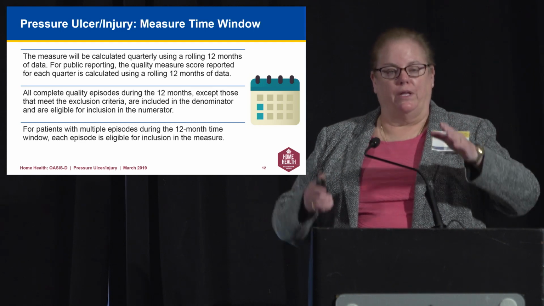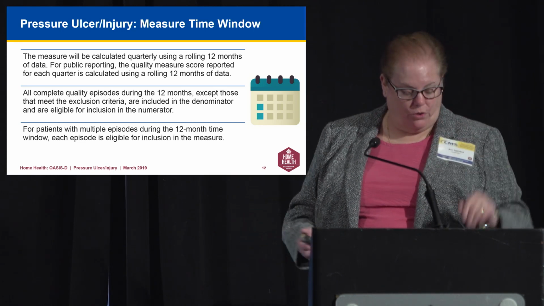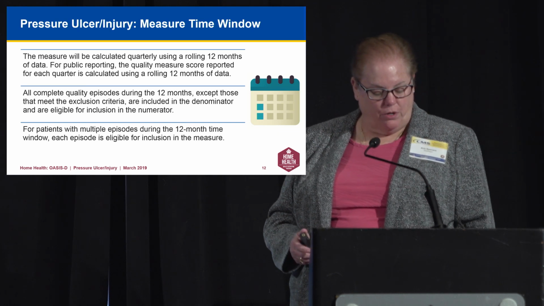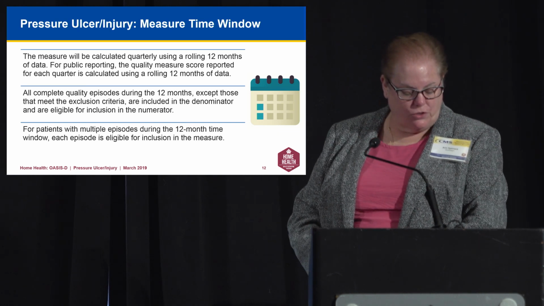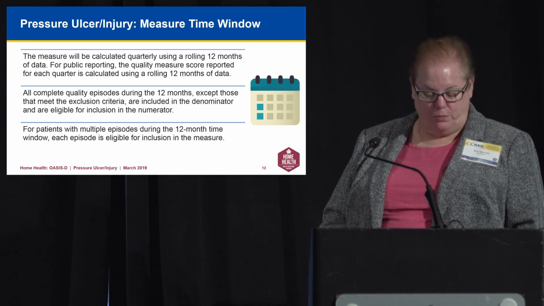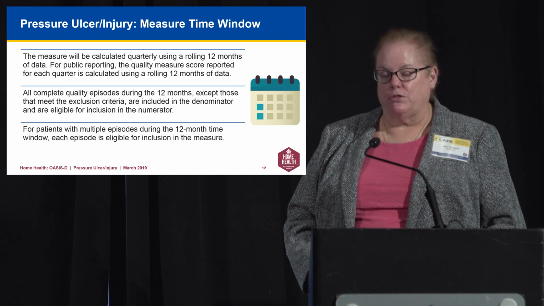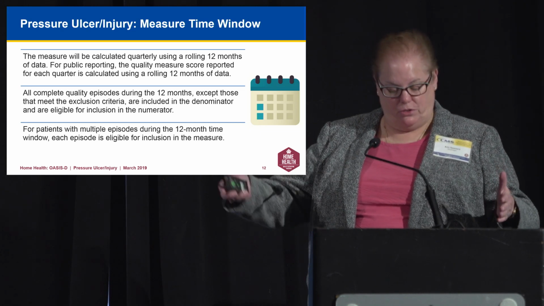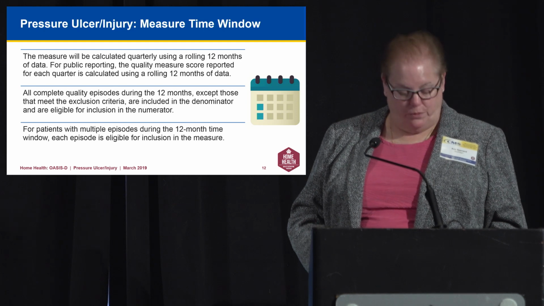So as it's reported, like I said, a quarter will fall off and a new quarter will come on. All completed quality episodes during the 12 months, except those that meet the exclusion criteria, are included in the denominator and are eligible for inclusion in the numerator. So if we have that start of care and we have the discharge that doesn't meet the exclusion, they are eligible.